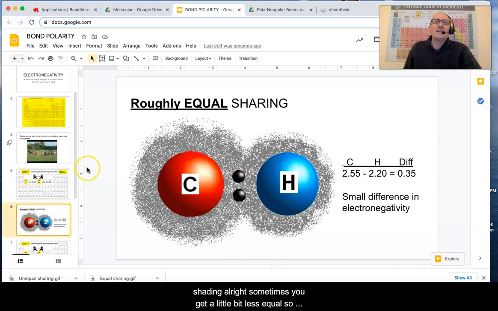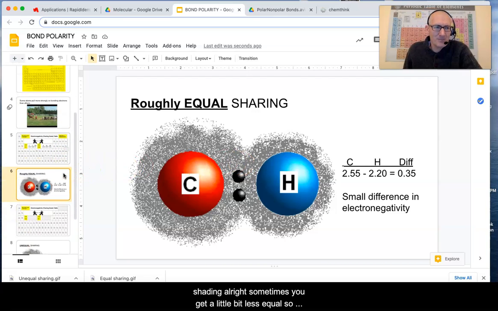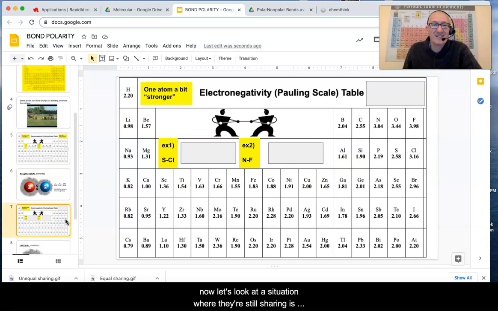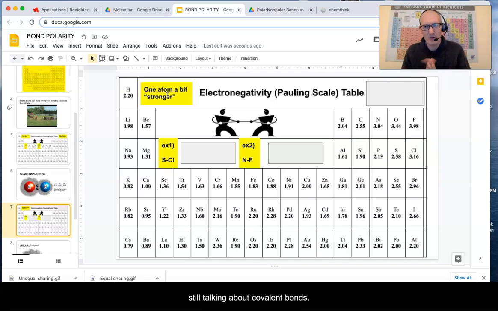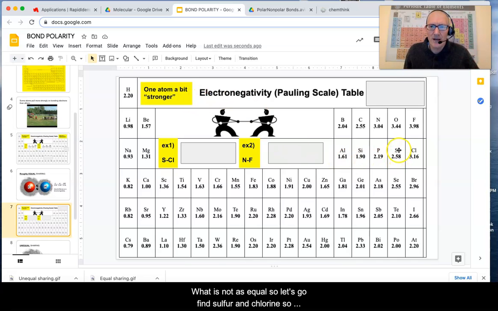But there's not always equal shading. Sometimes you get a little bit less equal. So now let's look at a situation where there's still sharing. It's still going to be a non-metal and a non-metal, so we're still talking about covalent bonds, but it's not as equal. So let's go find sulfur and chlorine. We look at the electronegativity values there.